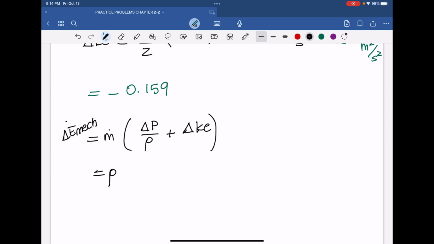So instead of mass flow rate, I write density times volumetric flow rate, times delta P over density, and then kinetic energy. So the density is given to us, it is 860 kilogram per meter cube.